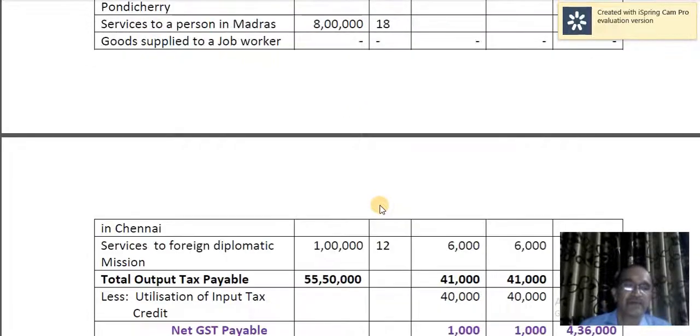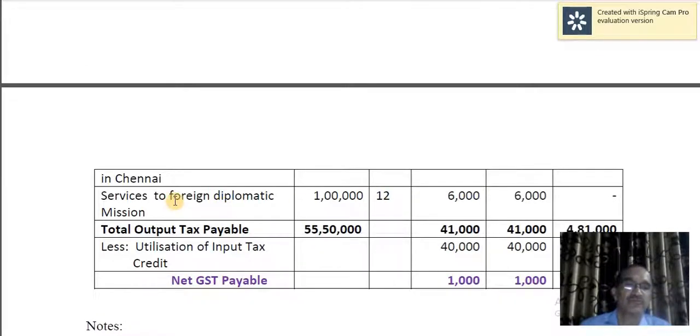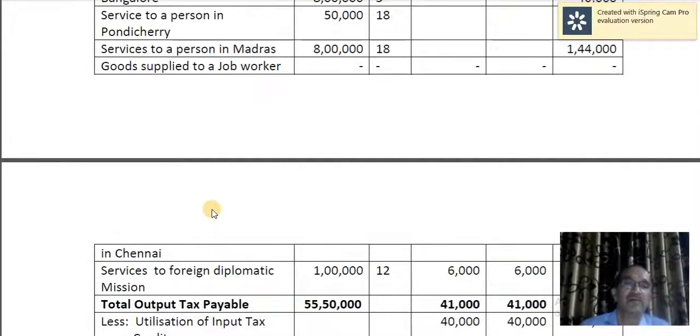Goods supplied to a job worker in Chennai, I already told. So this is not considered to be a supply for taxable purpose, therefore that is not taxable.